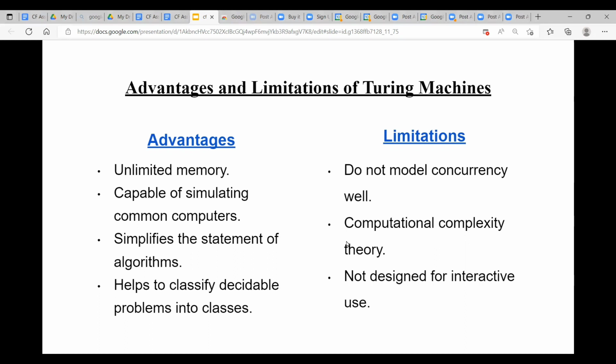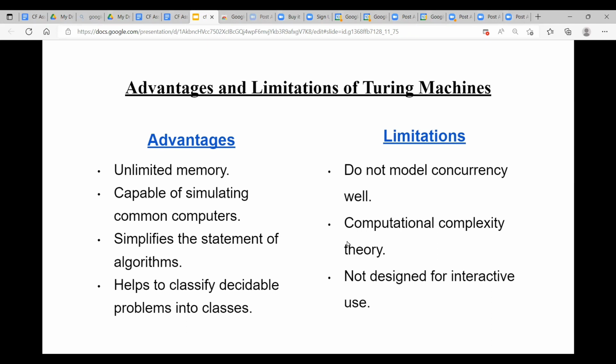So the second advantage is being capable of simulating common computers. Turing machines have the capability to replicate all the computations performed by a real machine and execute them. Then the other advantage is that it simplifies the statement of algorithms.